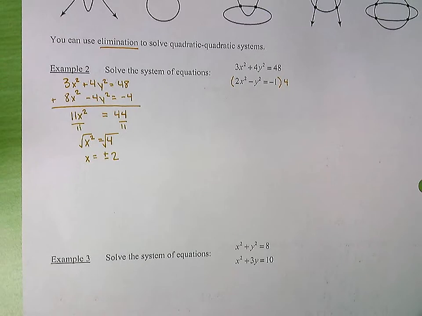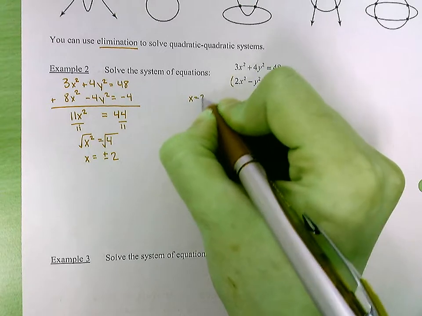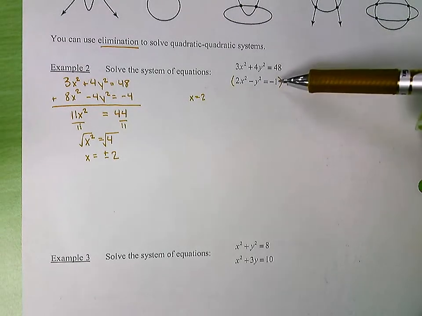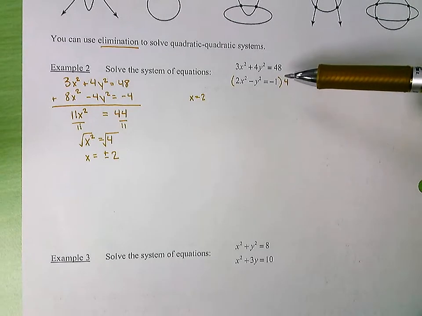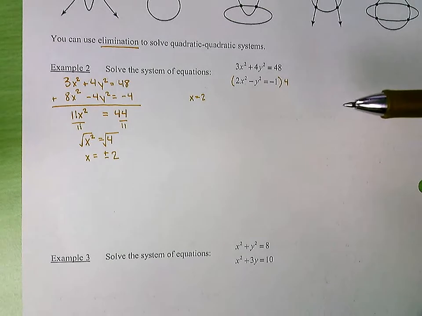And again, don't forget that it is plus or minus. Just like on the front, once I find x, I need to find y. So I'm going to plug in when x is equal to 2, and it doesn't matter which equation you plug that in for. You're plugging in 2 for whichever x value in your original.